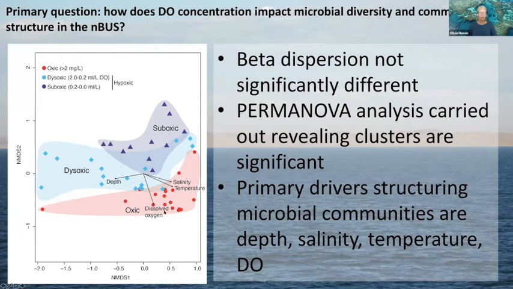So oxygen is certainly one of the primary drivers structuring these communities, as well as depth, salinity, and temperature. So we're starting to understand what the microbial community looks like in the northern Big Whale upwelling system, and in particular, what factors are really driving the distribution of those communities.